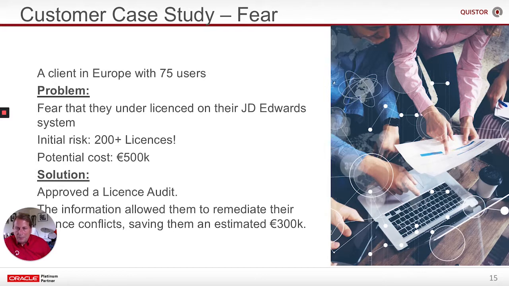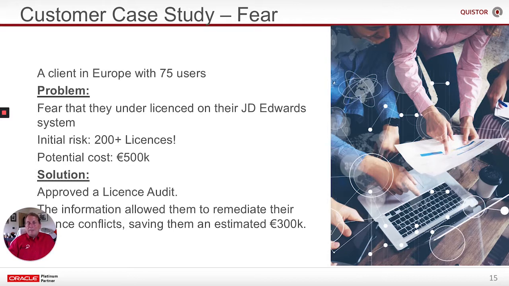So they needed to be able to do an audit of their licensing, but do it in a way that gave them the ability to remediate their license usage before they then approached Oracle. So they came to us and they did a license audit. The information that they got did allow them to remediate their license conflicts, and it saved them an estimated 300,000 euros, which is 60% of what they thought they could be liable for.